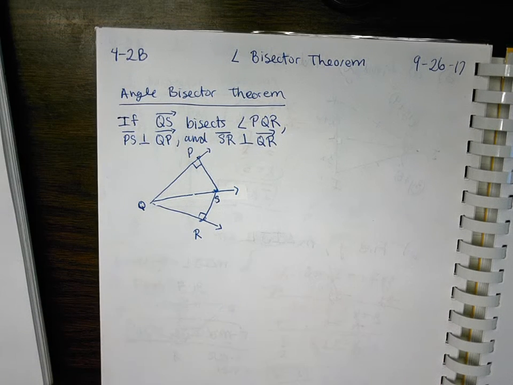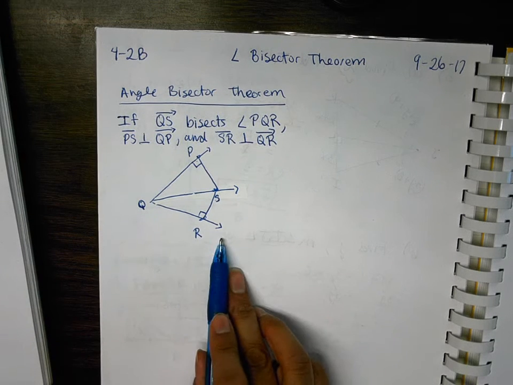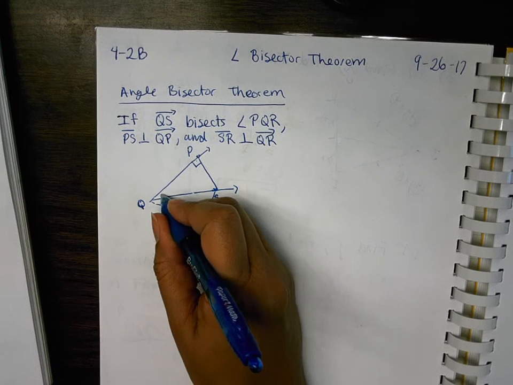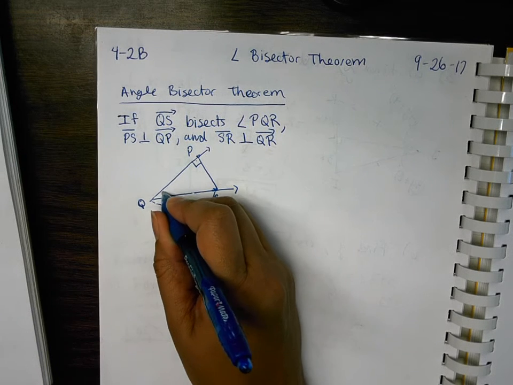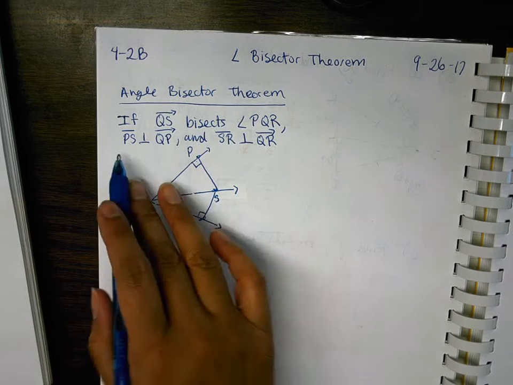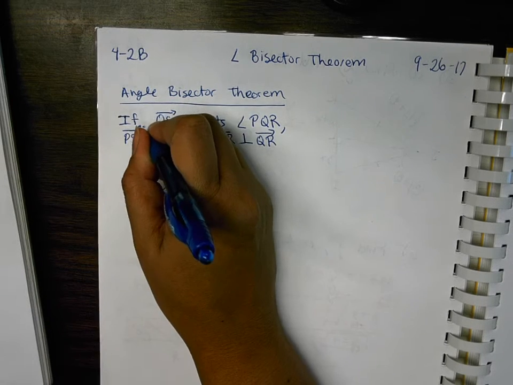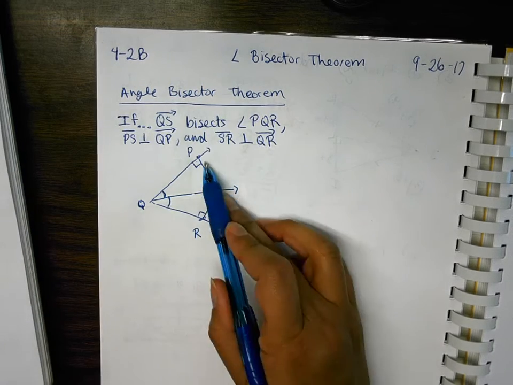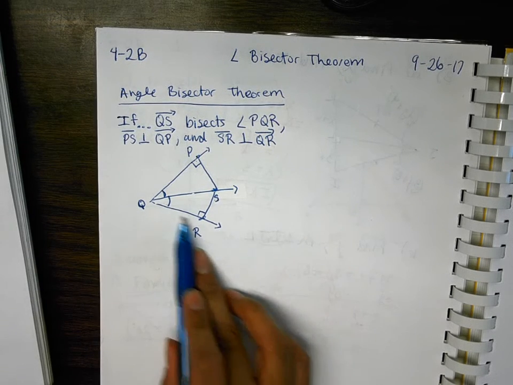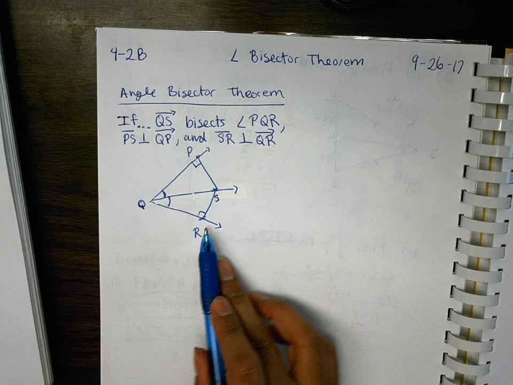All right, everybody have this down. So here's our angle PQR. QS bisects the angle. If it bisects the angle, what does that mean about these individual angles here? They are congruent. So I'm going to put congruent markings, and that's given to us because it said it here in the if statement. And PS is perpendicular to QP, and SR is perpendicular to QR.